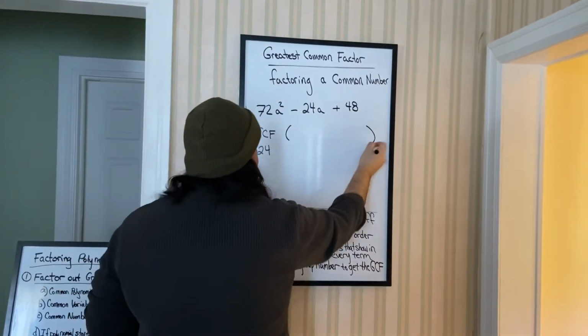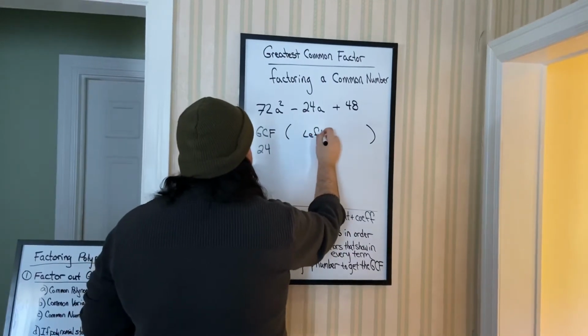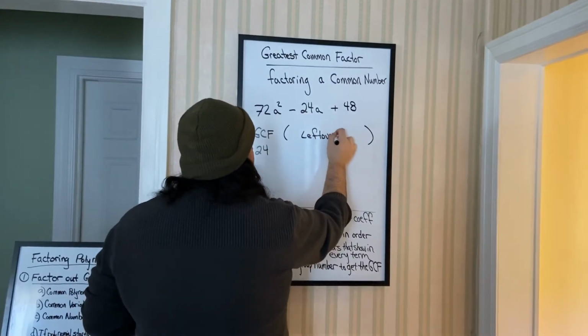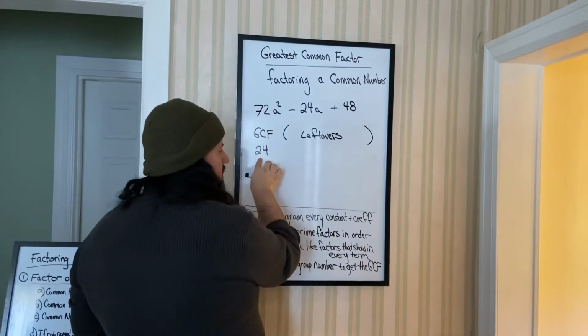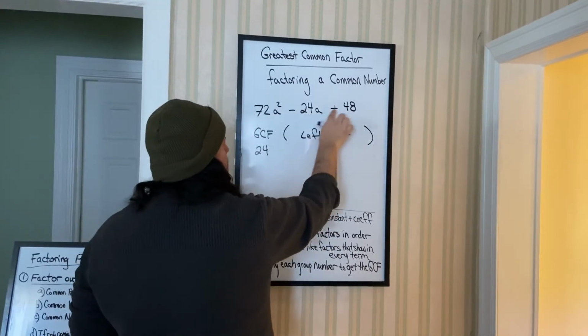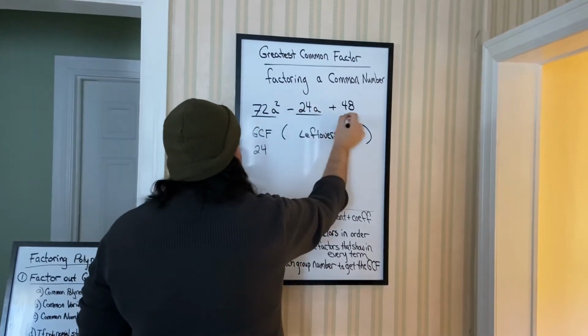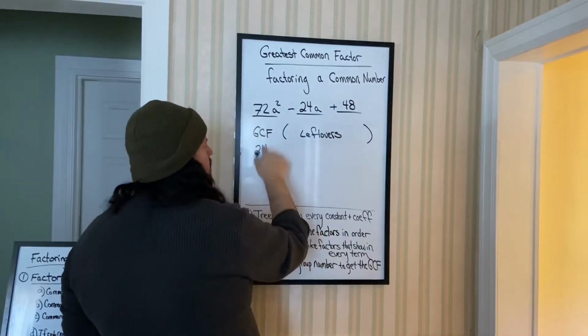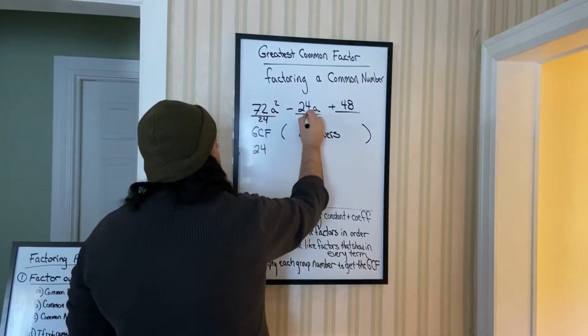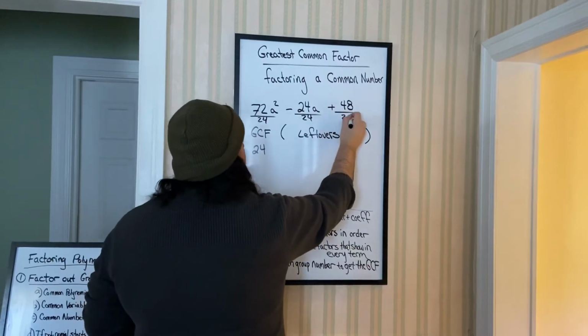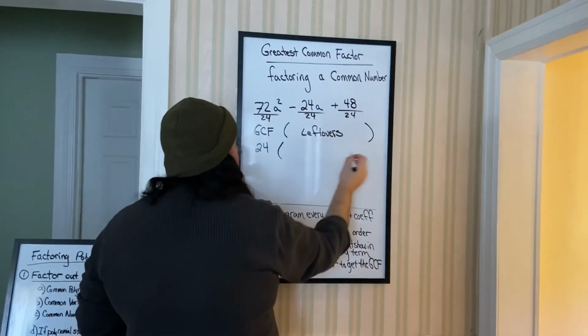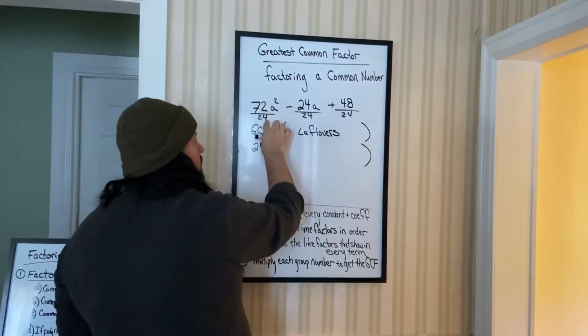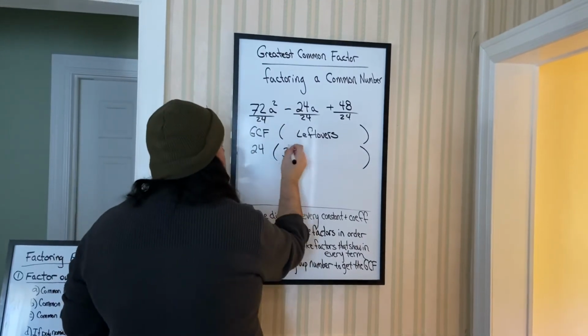Remember, we're going to have to get my leftovers. Once I know my GCF is 24, notice that there's 3 terms here. I'm going to divide each and every term by the GCF. 24, 24, 24. And here you can use your calculator to know that 72 divided by 24 is 3.